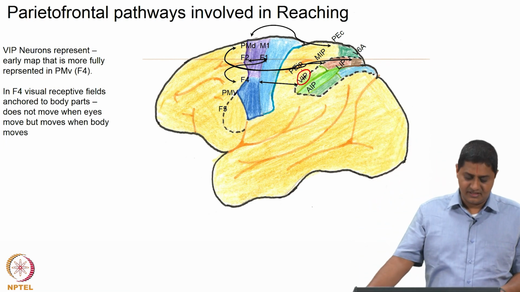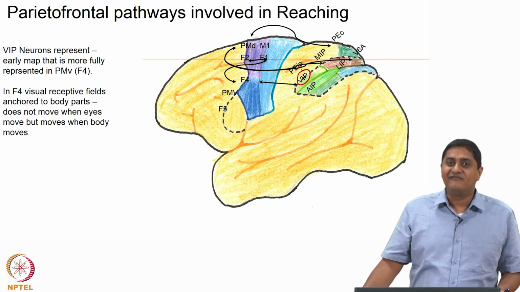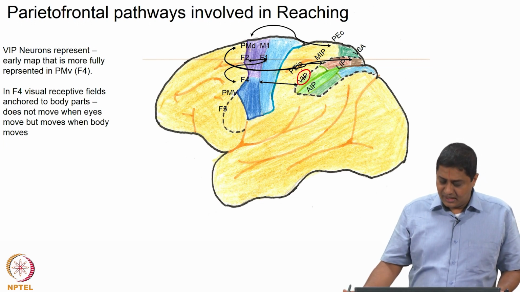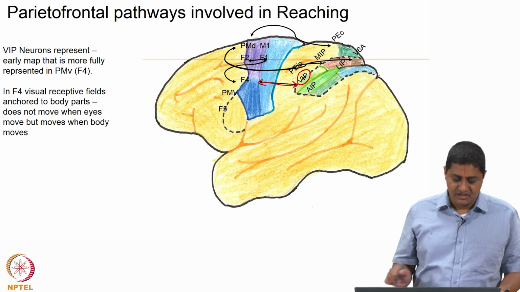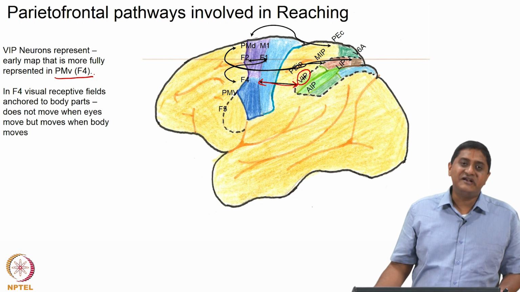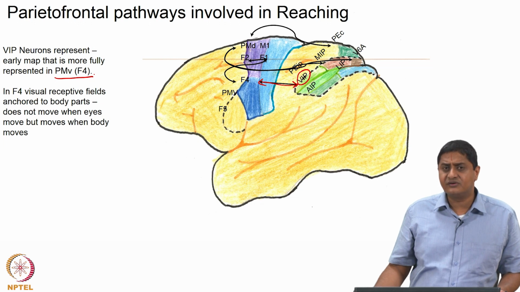VIP means ventral intraparietal area, not very important person, but rather ventral intraparietal area. The neurons in the ventral intraparietal area have reciprocal projections or connections with the area F4 or the ventral premotor area.